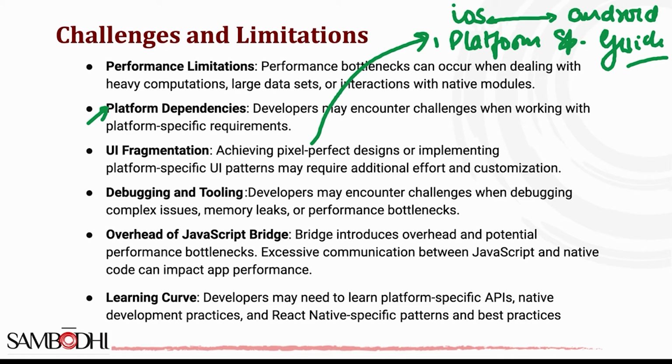Then there are device form factors. So apps need to support various device form factors, screen sizes and orientations. So as we are including all iOS and Android devices, we are including many devices.